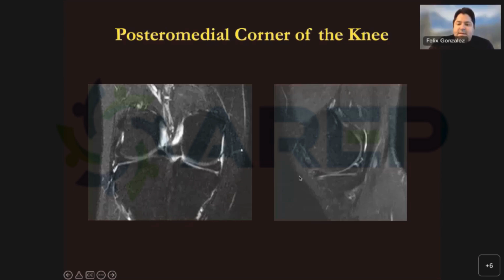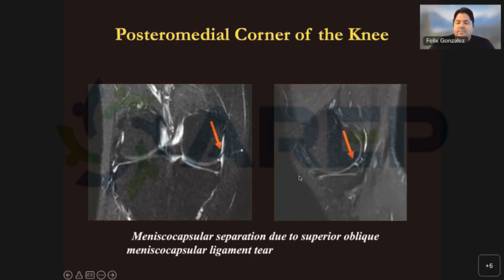So here's another example. Sometimes these injuries can be not too dramatic, almost like very, very small in detail. So you always look at the anatomy here. This is an example of a meniscal capsular separation due to a tear in the superior oblique meniscal capsular ligament.